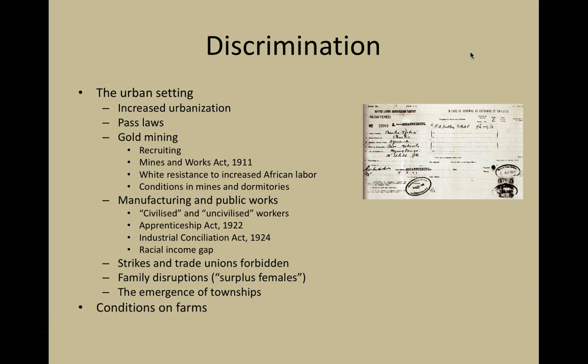Lastly, conditions on farms for Africans who worked in that setting were, if anything, worse than those who worked in the urban setting. Though perhaps the likelihood of living together as families on the farms was a bit higher, it was still discouraged and often simply forbidden. There was almost no supervision or any sort of government oversight or police oversight of the treatment of Africans by white farmers.